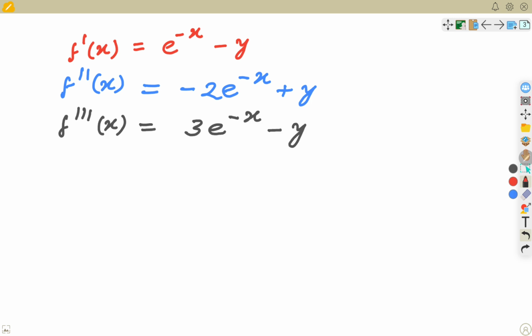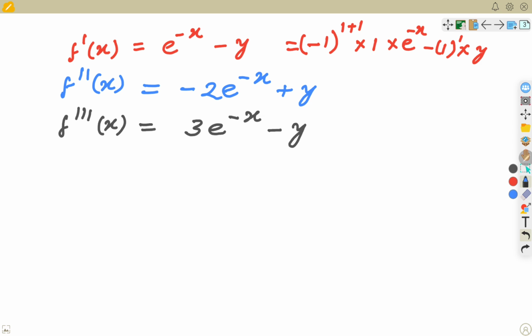We can write the first derivative as minus 1 to the power 1 plus 1, into 1, multiplied by e to the power minus x, plus minus 1 to the power 1 into y.